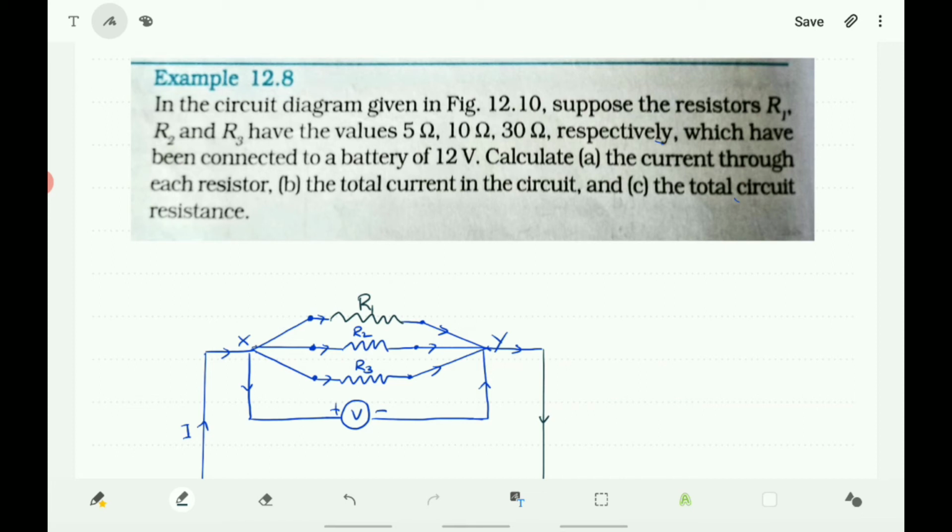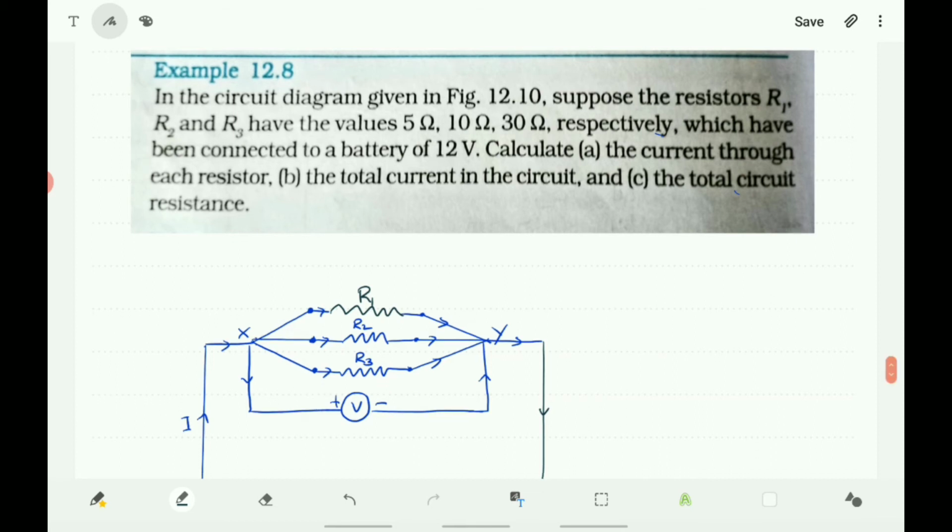And here the potential difference, that is the battery of 12 volts is connected, means V is equal to 12 V, and through R1 it is 12, through R2 also 12, and through R3 also it is 12. So by taking 12 V and R1 5, R2 10, R3 30, here we have to use Ohm's law and we can find out the current through each resistor.